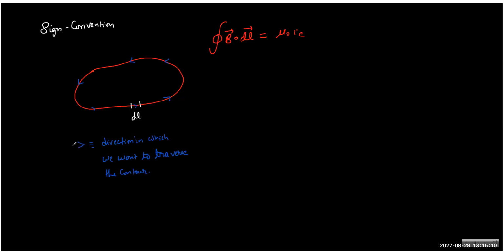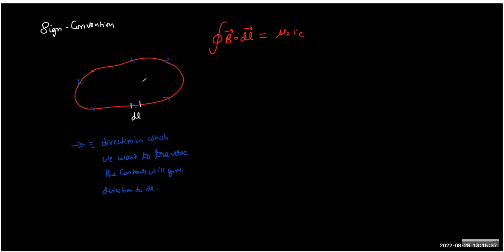And if the direction in which we want to traverse the contour will give direction to dL. So dL is a length, but the dL vector is the sense in which you traverse.